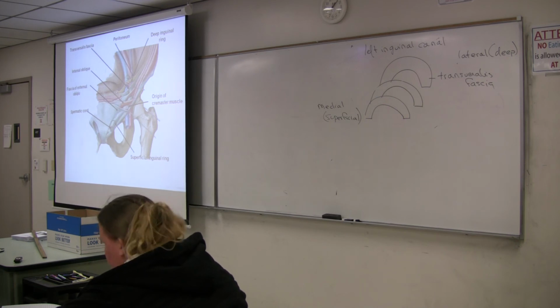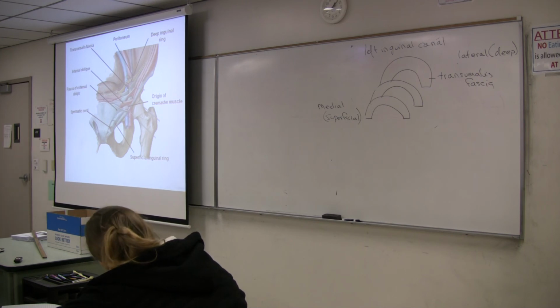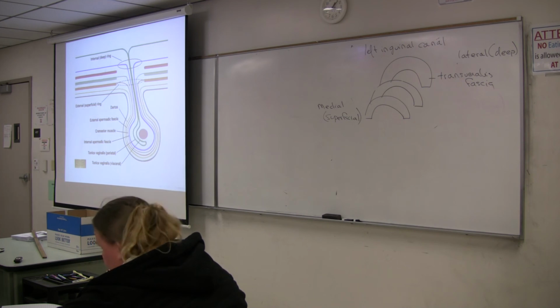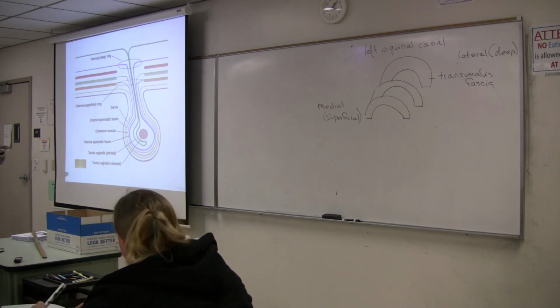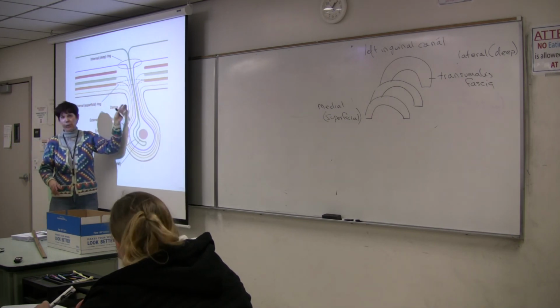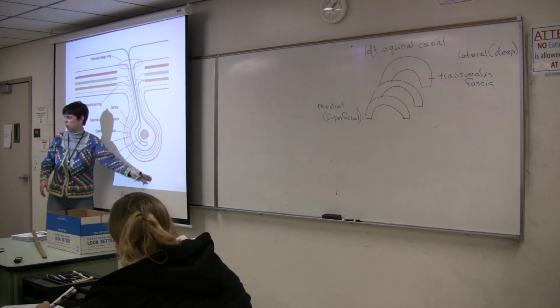And those I have listed for you, what they are and what they come from on page 50. Now, let's look at this diagram. Okay, we're going to look at those same layers. This is abdominal wall. This is spermatic cord covering, and this is scrotum.